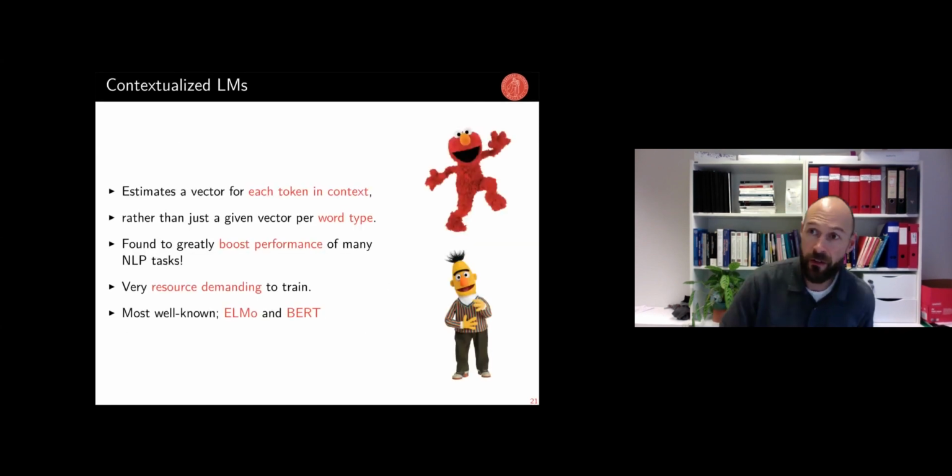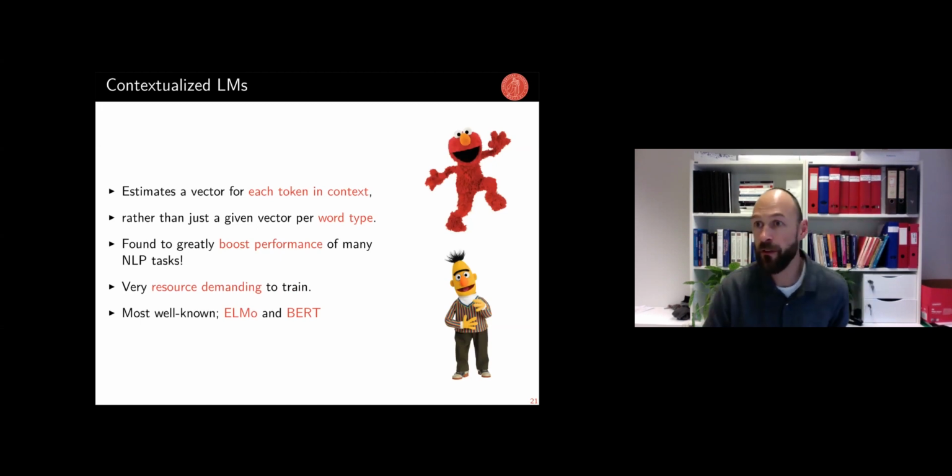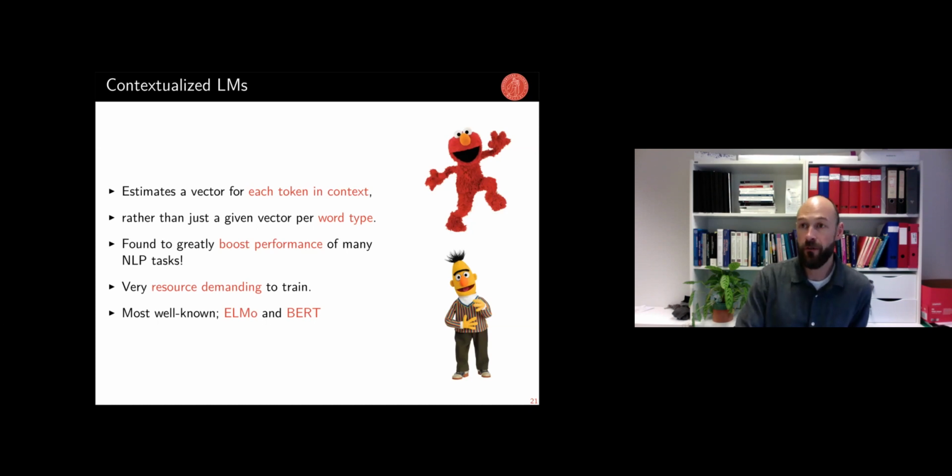And over the last few years, there's a special breed of language models known as contextualized language models that have proved to be particularly useful. The most well-known ones of these models are perhaps ELMo and BERT, named after these respective Sesame Street characters.